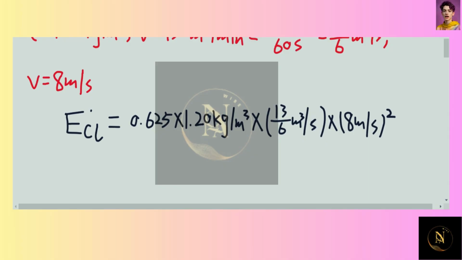And this will give us the rate of electrical energy, which is the power output, about 104 watts.